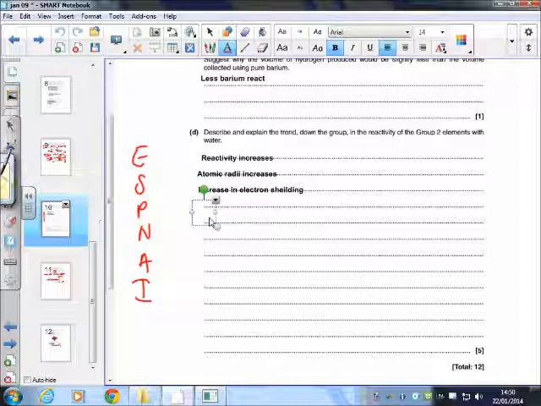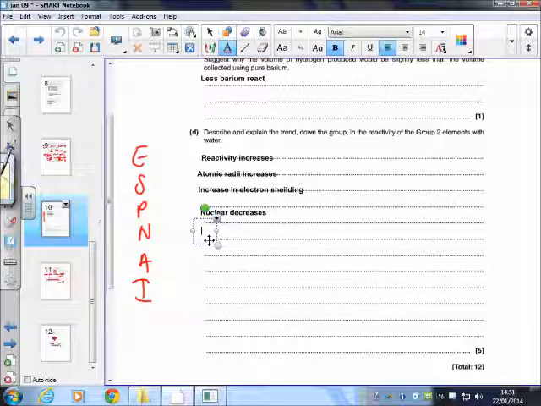And if we have an increase in electron shielding, that attraction between the outer shell electron and that nucleus decreases. So that nuclear attraction decreases. And because that nuclear attraction is decreasing, you're not going to need as much ionization energy to remove that outer shell electron.